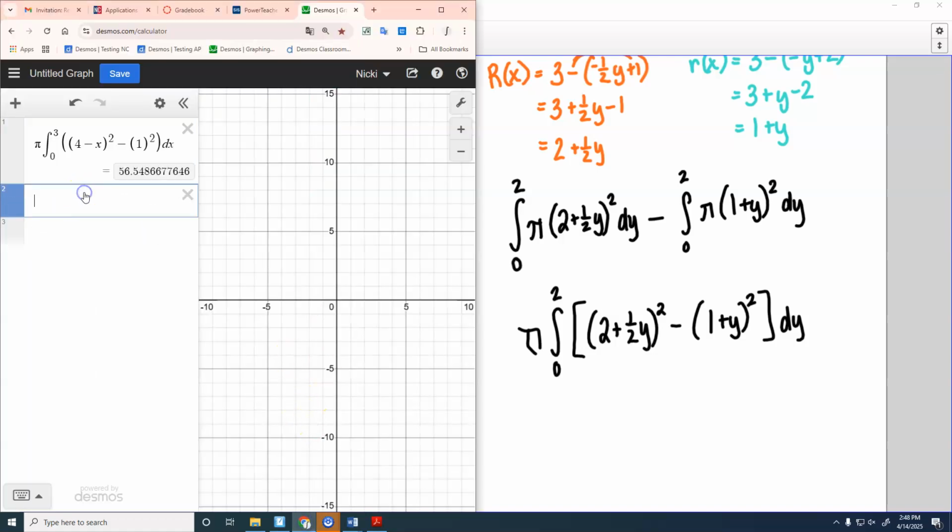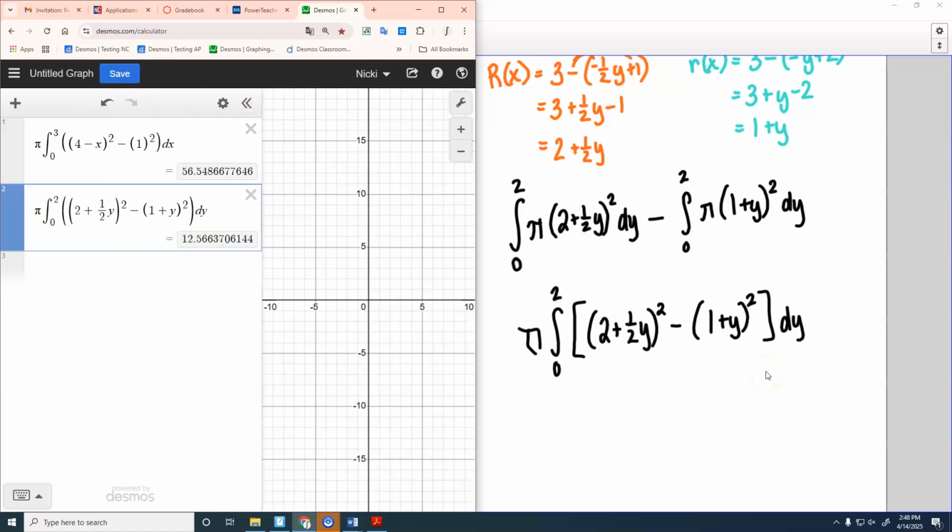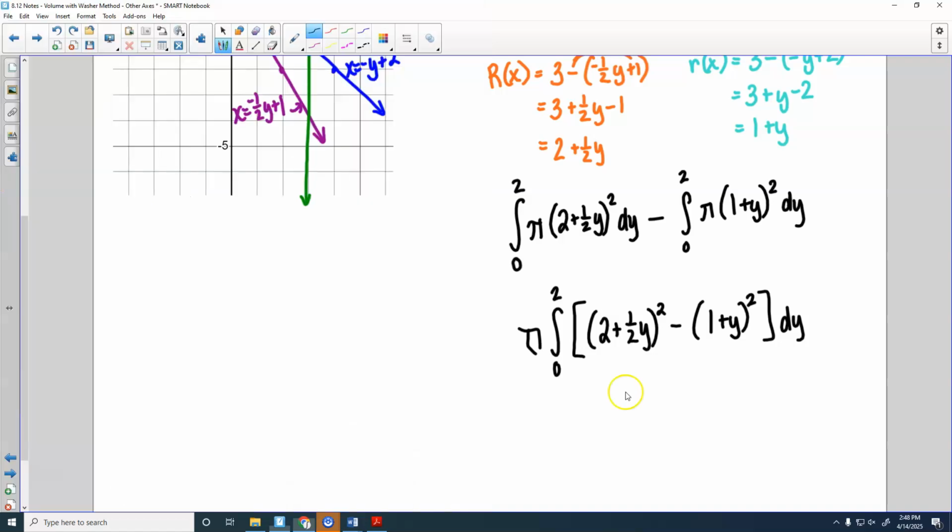So we are going to do pi integral from 0 to 2 of (2 plus 1/2 y) to the second minus (1 plus y) to the second dy, and we're getting 12.566. Okay.